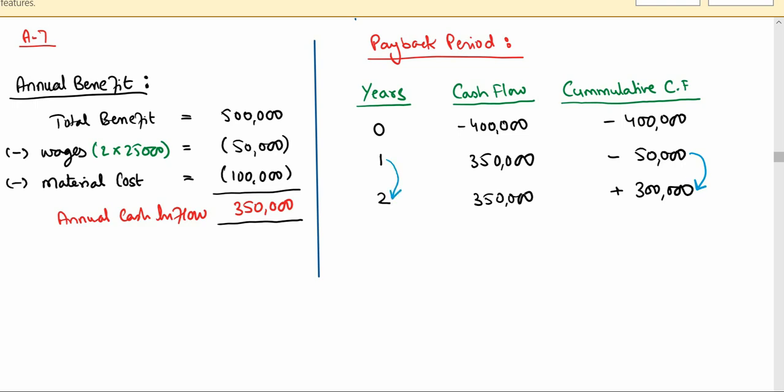Now we confirm that the payback period is 1 year plus 50,000 divided by 350,000, multiplied by 12, so then we get the months.